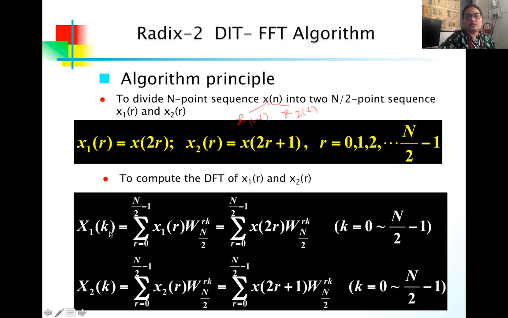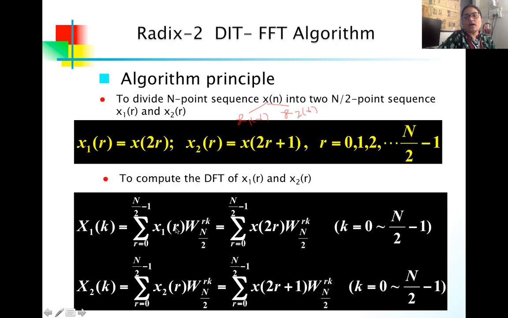X1 of k is equal to the summation, r varies from 0 to N by 2 minus 1, because the range of r varies from 0 to N by 2 minus 1, of x1 of r, W raised to rk. I have represented the exponential part in terms of the twiddle factor. So it is W raised to rk with suffix N by 2, because the total number of points present in the sequence is N by 2.